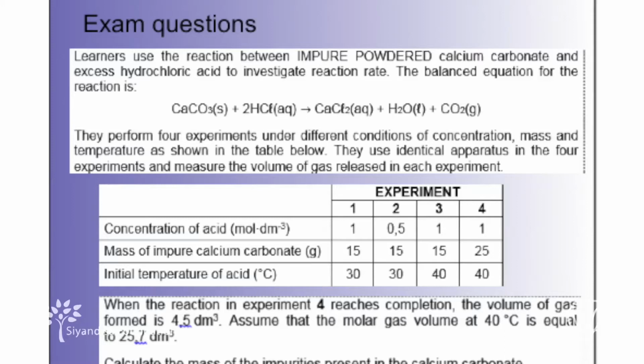They performed 4 experiments under different conditions of concentration, mass, and temperature as shown in the table below. And they used identical apparatus in the 4 experiments and measured the volume of gas released in each experiment.